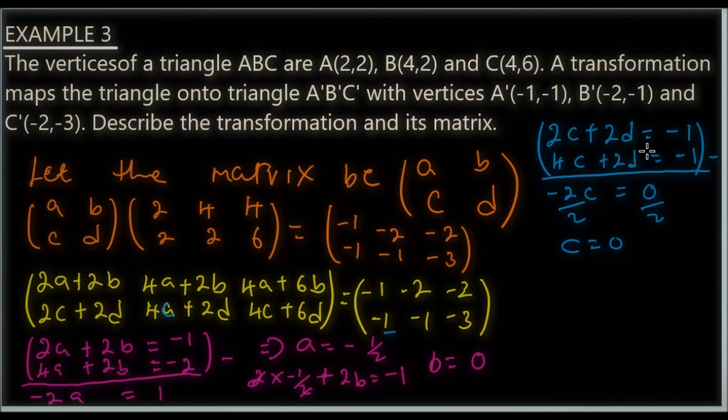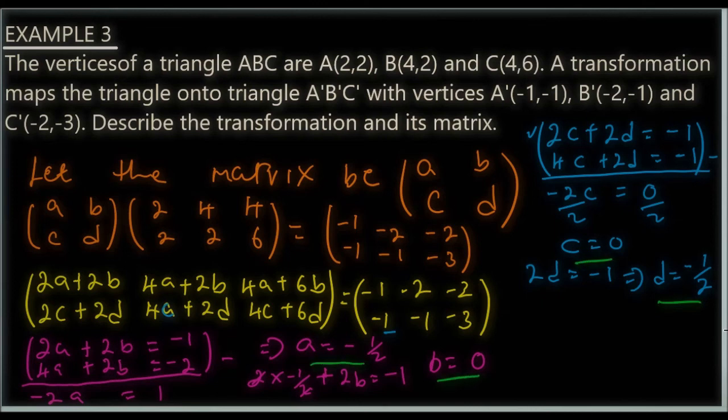So if you substitute into our equation here, we substitute c as 0. So we have 2d is equal to -1, implying that our d is equal to, you divide both sides by 2, minus a half. So we have obtained our d, our c, our b, and our a.